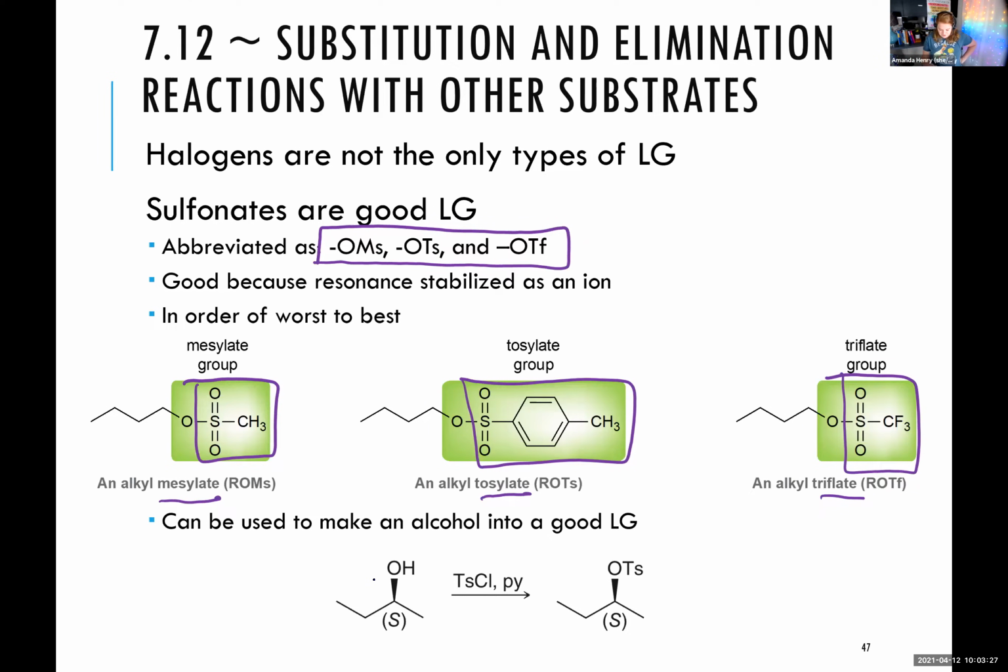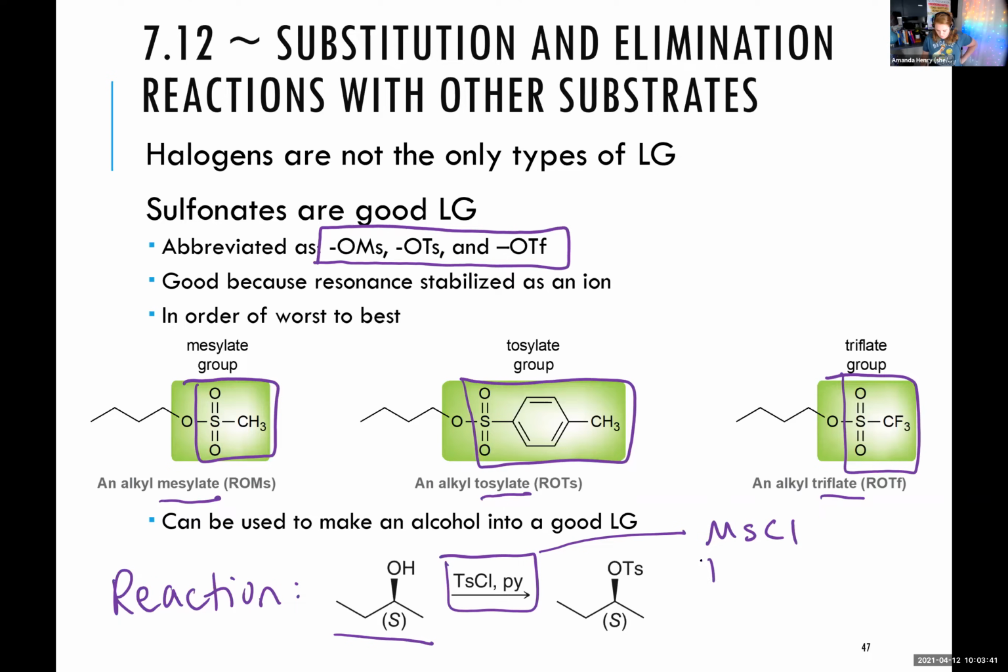Here's our reaction to do this. So we're starting with our alcohol. We're reacting it with tosyl chloride. So this could also be mesyl chloride or triflyl chloride. So it's really that group we're attaching, and then just a halogen just to make it neutral.